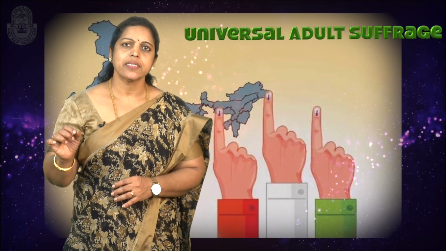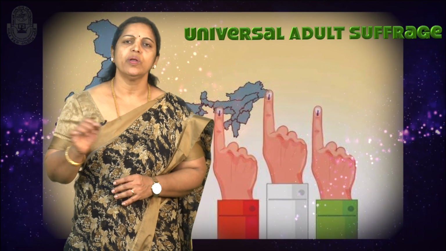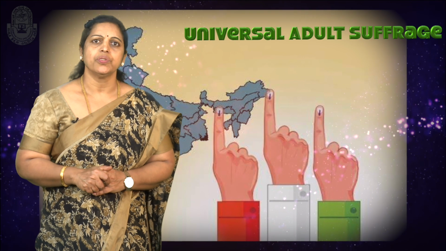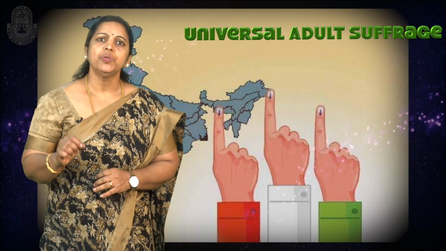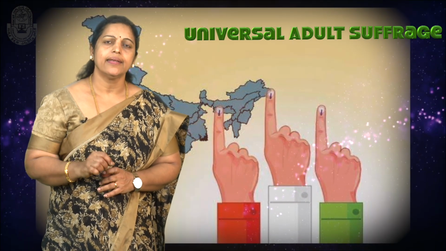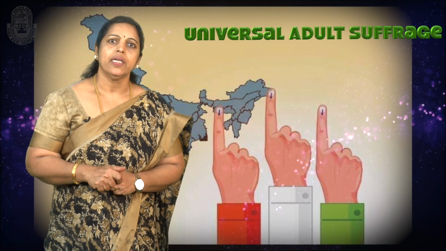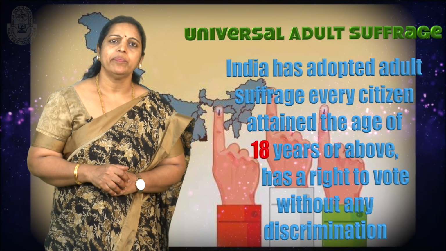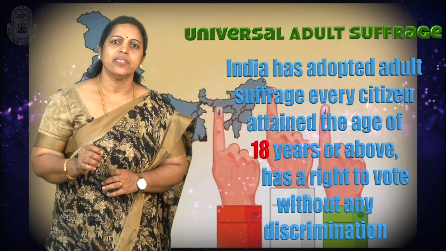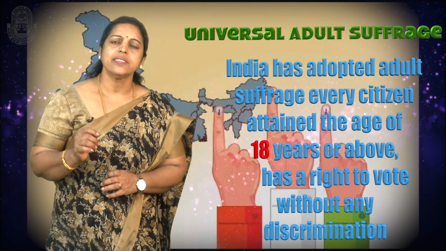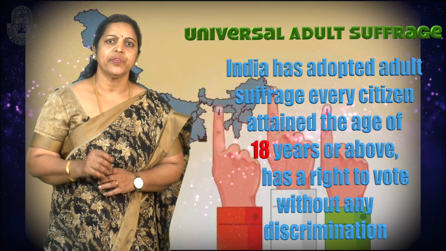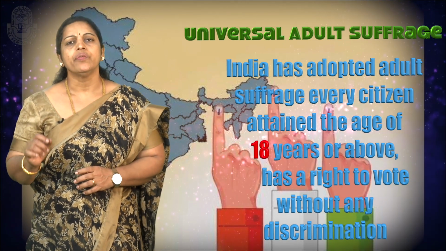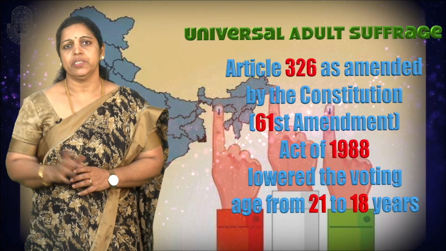Universal adult suffrage is also one of the basic features of the Indian Constitution. The right of the people to vote and elect their representatives is called franchise. India has adopted adult suffrage. That means every citizen who has attained the age of 18 years or above has a right to vote without any discrimination.